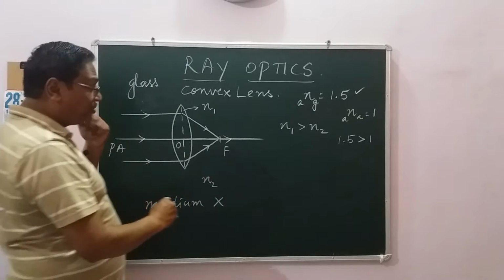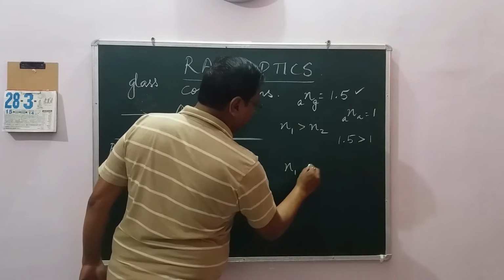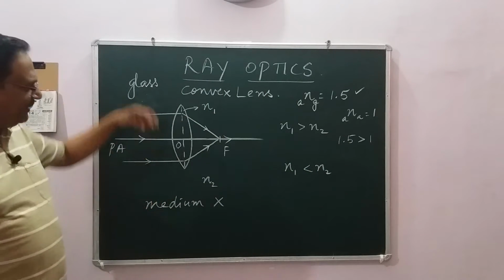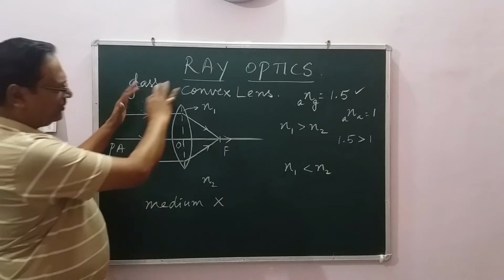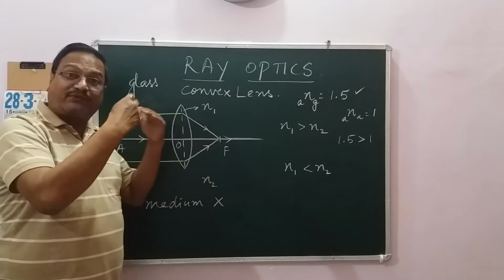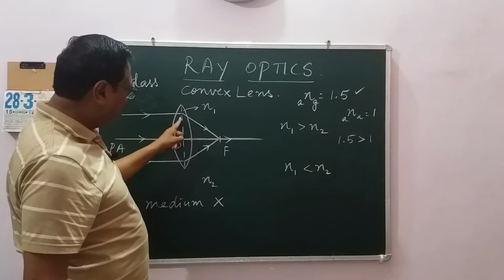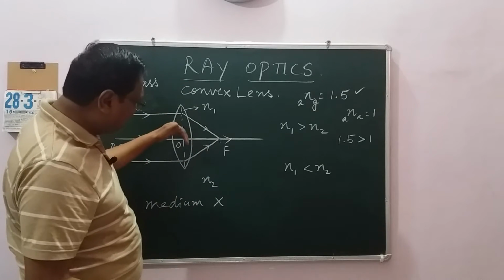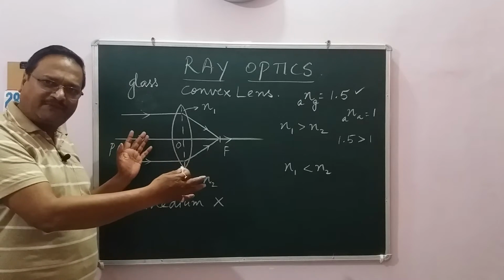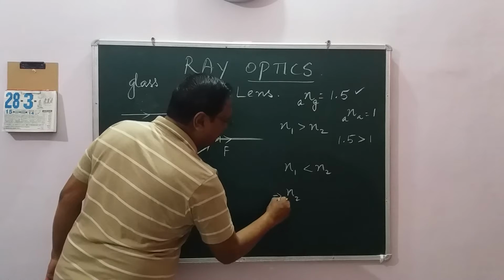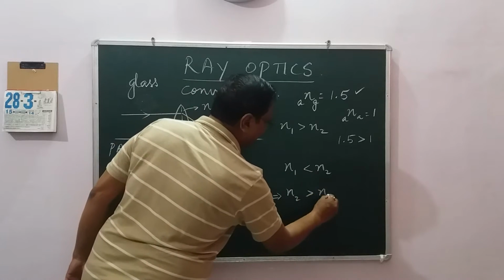But what is the condition? N1 is lesser than N2. That means I place this lens in a surrounding medium whose refractive index is greater. That is, N1 of the lens is less than that of the surrounding medium, which implies N2 is greater than N1.